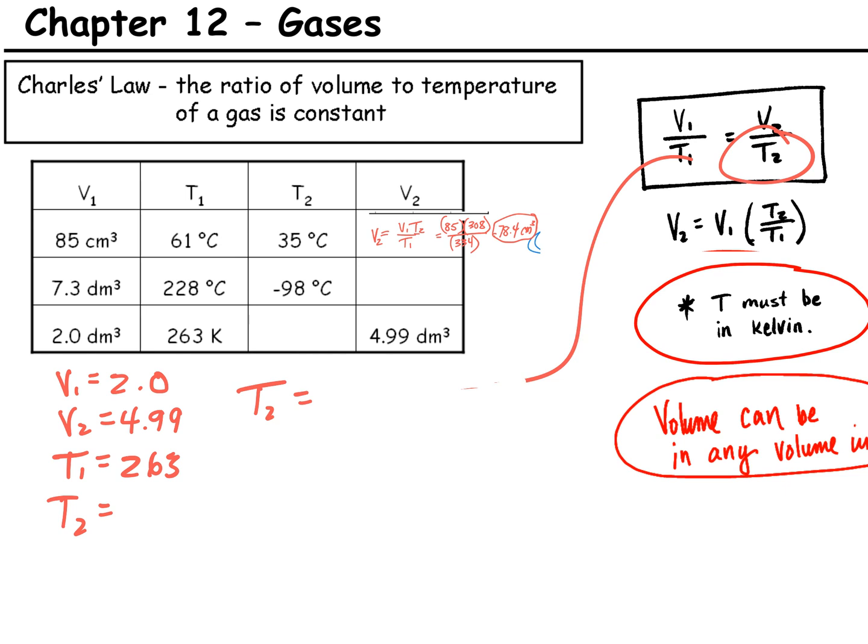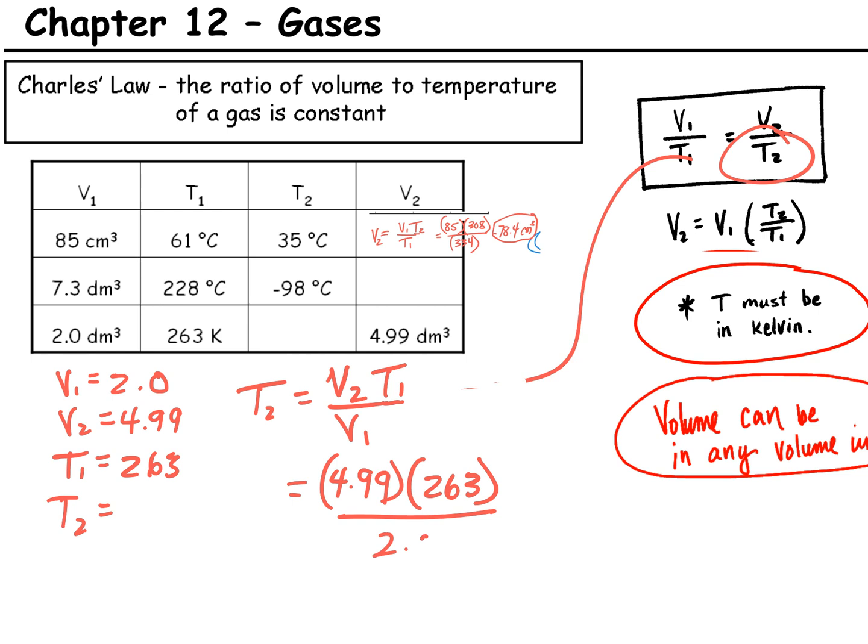So if I move it to the numerator on the left side and then move V1 to the denominator on the right side, I end up with V2 divided by V1, and then T1 moves to the right side on the top. So solving for T2, get it out of the denominator. And then we have V2, 4.99, times T1, 263, divided by V1, 2.0.